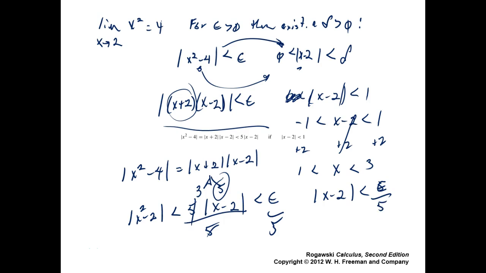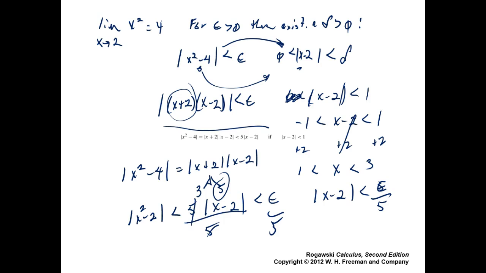Now that would be if your delta was less than 1. Remember, that's where we had to assume. So if you choose an epsilon greater than 5, that won't work because your delta would be greater than 1. But as long as you choose an epsilon less than 5, this will give it to you. So kind of a pain in the neck to go through all that to get there.